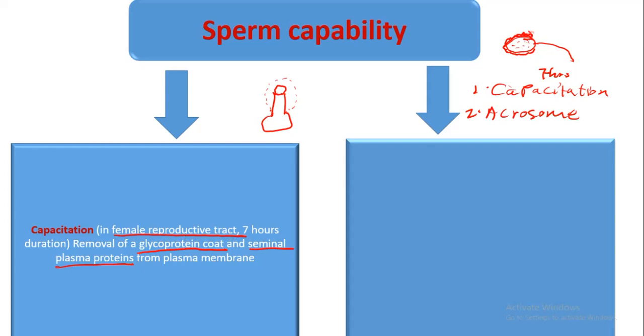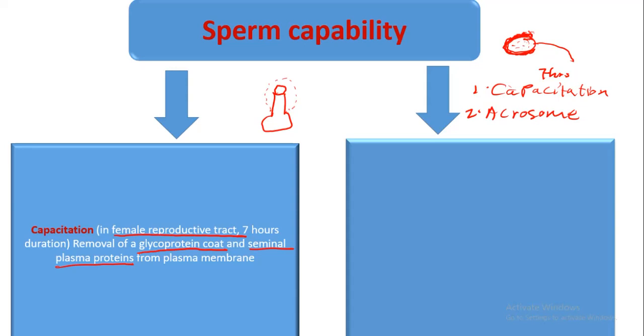Now, after the glycoproteins have been removed and the seminal proteins have been removed, the sperm has now been exposed. That coat which was protecting it has been removed.